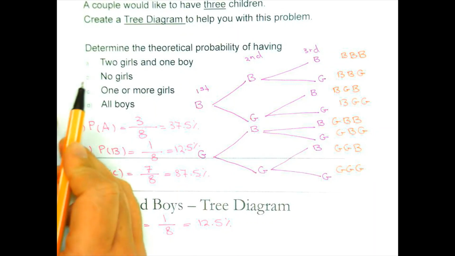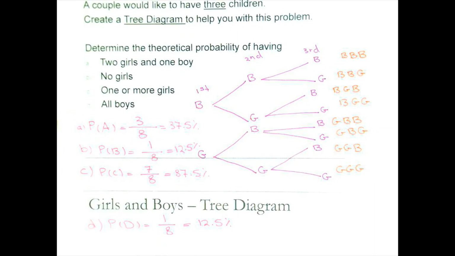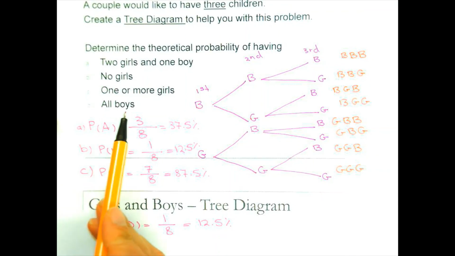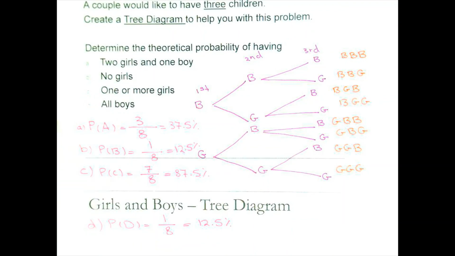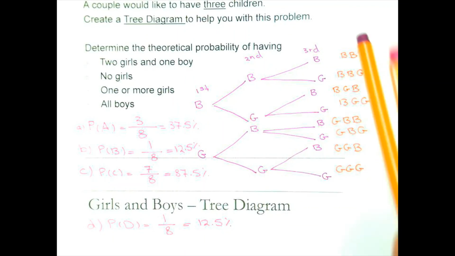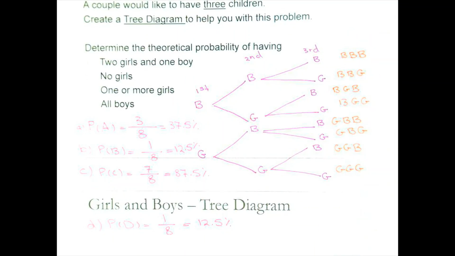As you can see, B and D have the same probability, because having all boys in other words is the same as having no girls. So in problems like this, it is going to be much easier if you use a tree diagram, so you can figure out what all the possibilities are.